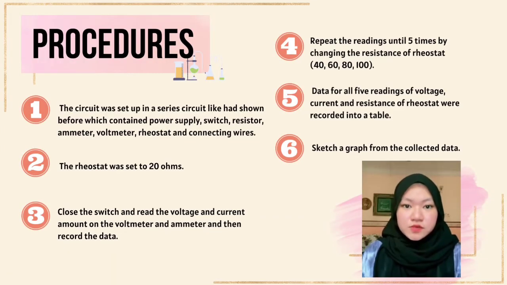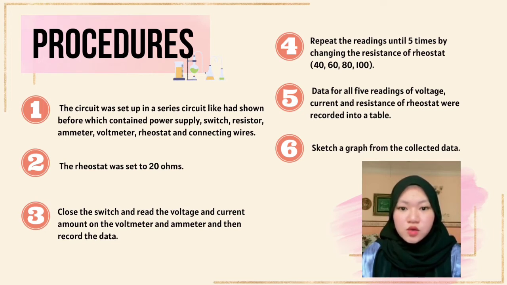For the procedures, first, the circuit was set up in series as shown before, which contains power supply, switch, resistor, voltmeter, ammeter, rheostat, and connecting wires. Second, the rheostat was set to 20 ohms. Third, the switch was closed and the voltage and current were read on the voltmeter and ammeter, and then the data was recorded.